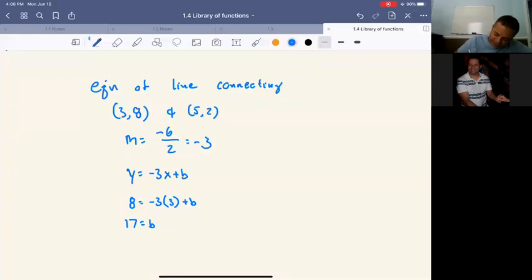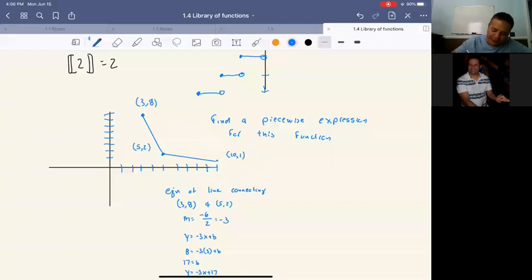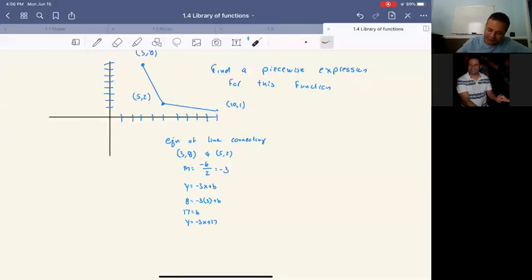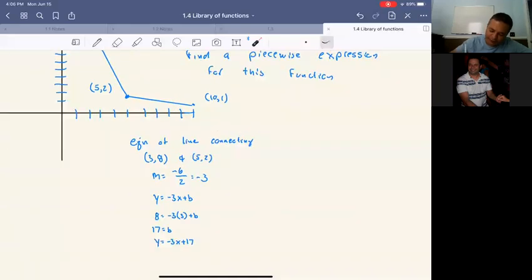So our first line is y equals negative 3x plus 17. I'm looking, and that actually looks reasonable. I can reason that it will cross up here at 17.